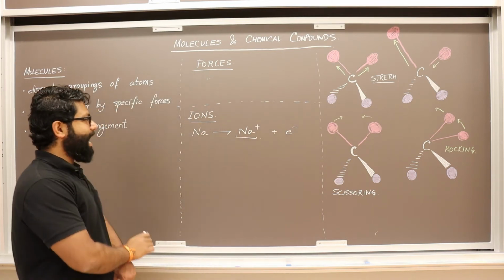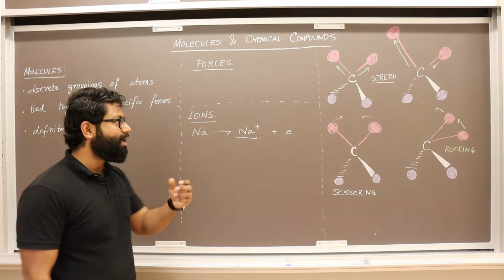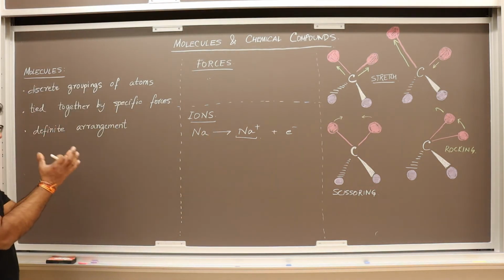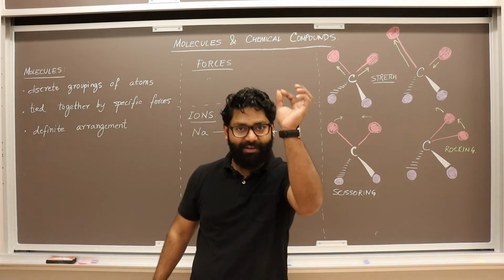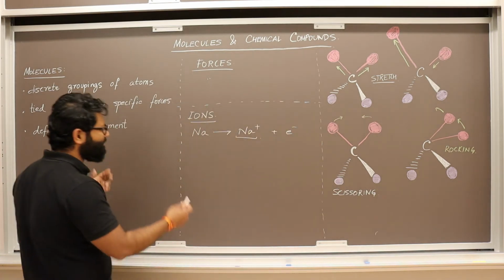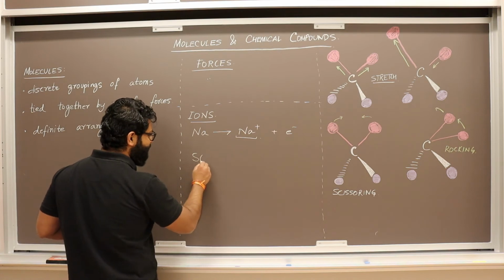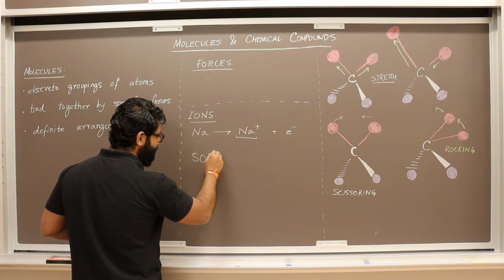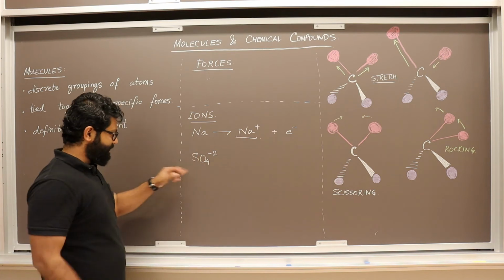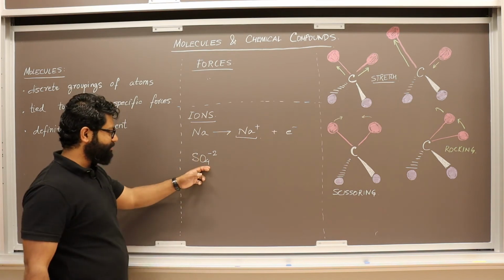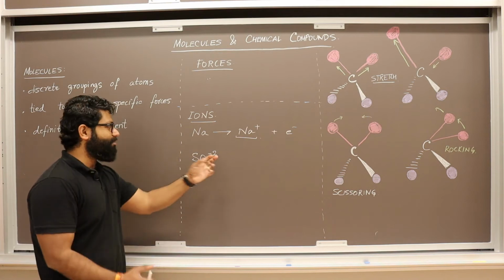So this is the ion that was generated from an element. You can have multiple groups of atoms in which there is a collective charge. Like, you must have heard about the sulfate ion. There is one sulfur atom inside and four oxygen atoms, and on that collective whole you have a -2 charge.